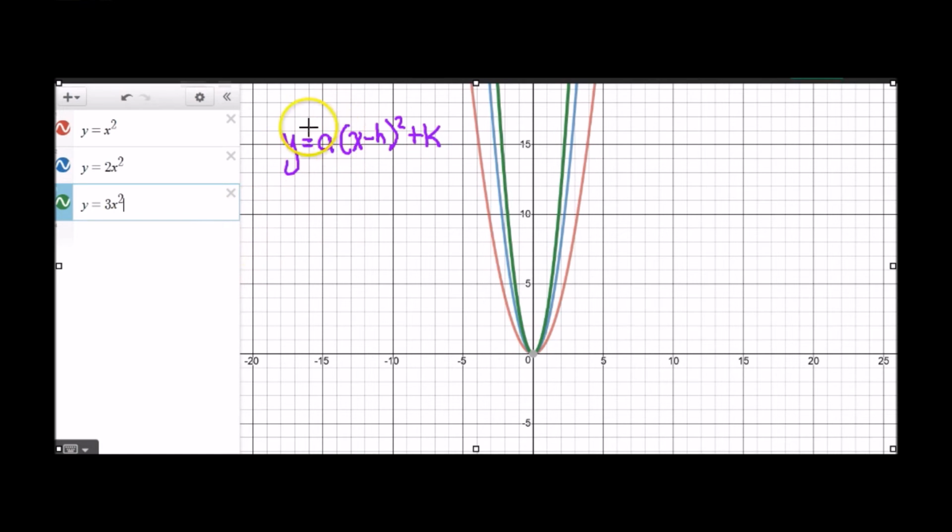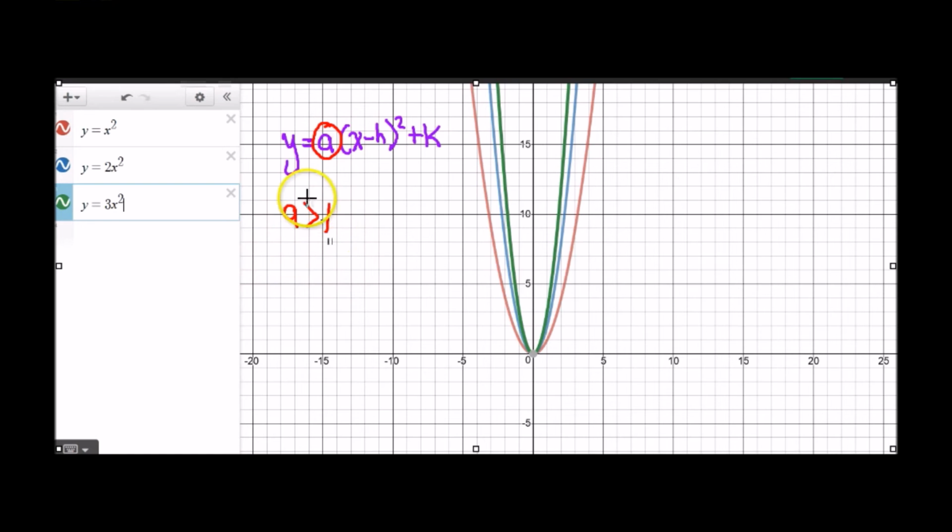We're again just looking at the a here. Where this value is increasing, so when a is bigger than 1, we're finding that the parabola is getting vertically stretched by a factor of whatever's there, a factor of a, we'll call it in this case, because it can vary.